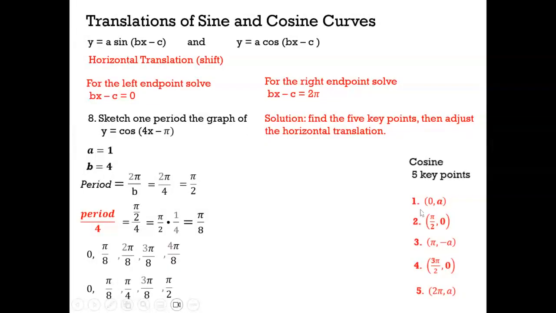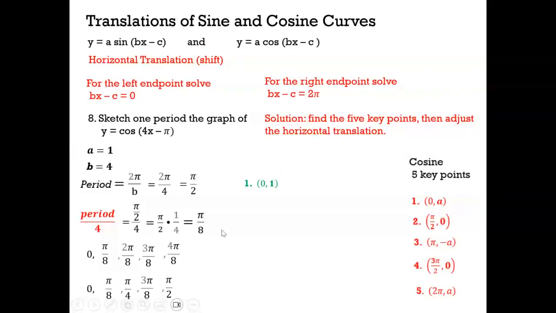Okay, now, again, for the cosine, these are the 5 key points for the parent function of the cosine. It'll be 0, amplitude; pi over 2, 0; pi, negative amplitude; 3 pi over 2, 0; and 2 pi, amplitude. So in this case, it's going to give me 0, 1, because the amplitude is 1.